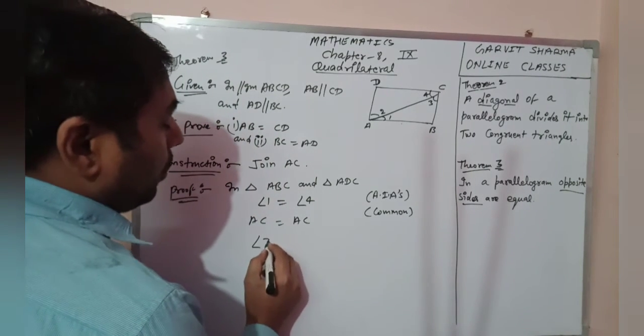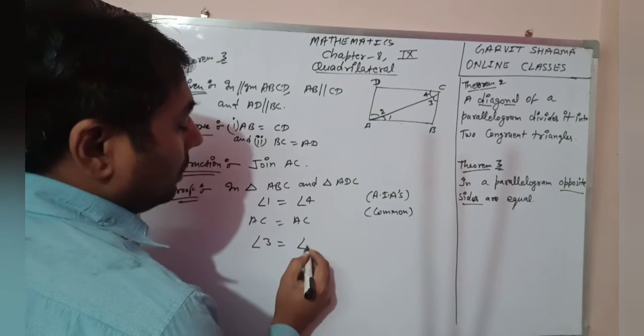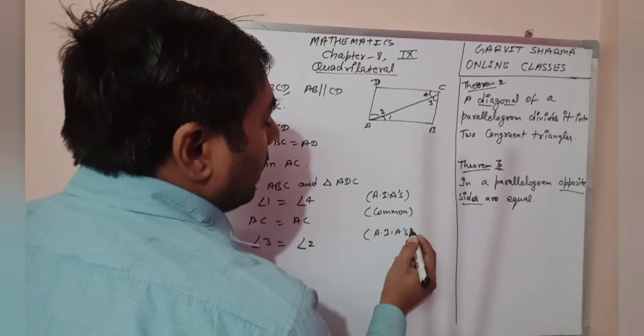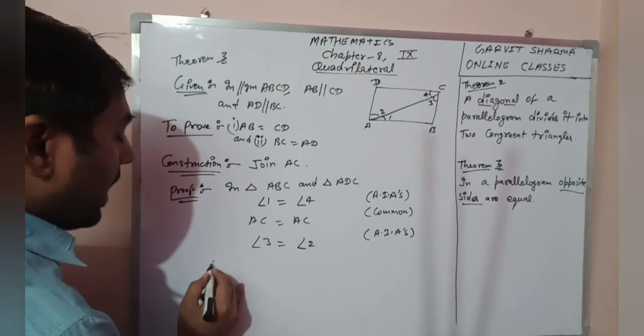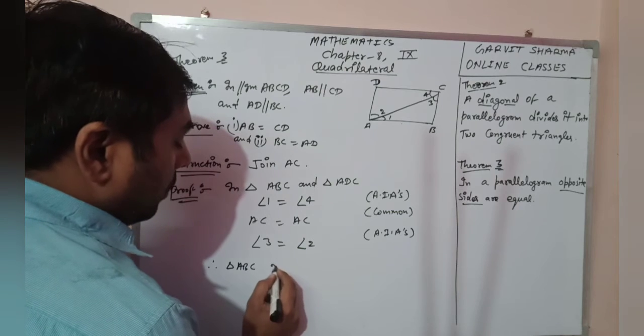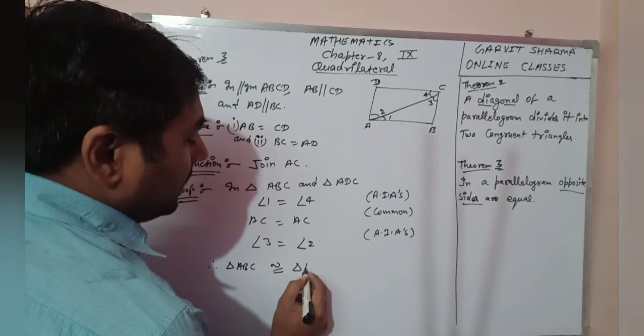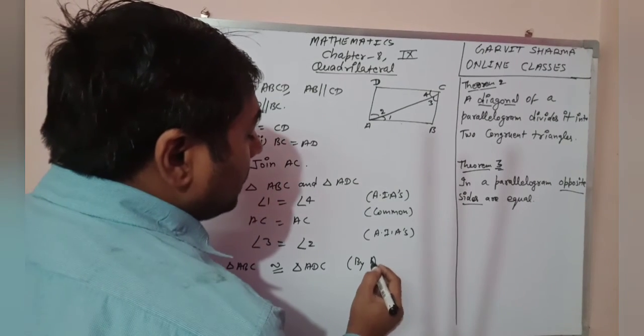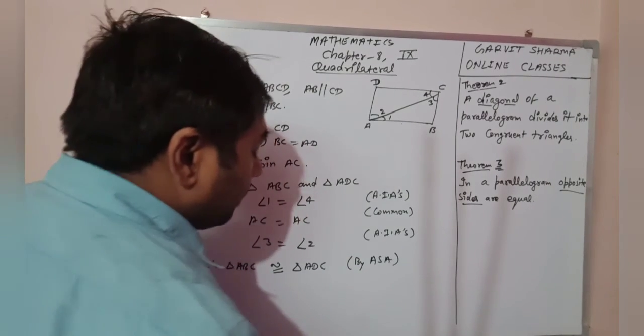Angle 3 is equal to angle 2, which is alternate interior angles. Therefore, triangle ABC will be congruent to triangle ADC. By how? By angle side angle property.